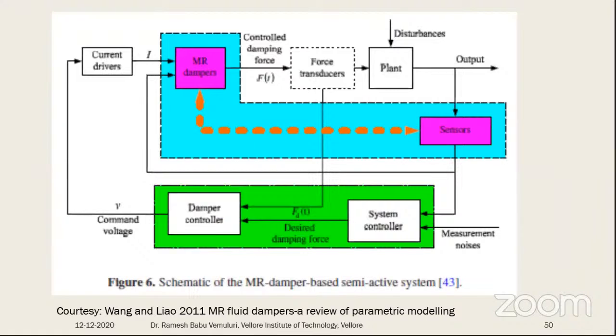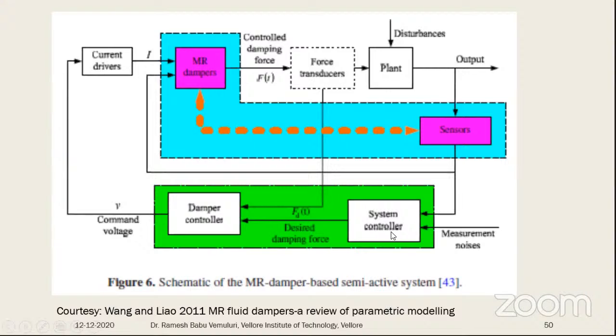Then we can use this MR damper with semi-active control, with MR fluid dampers. So here the current drives and MR dampers, the controlled damping forces, the force transducers, the plant and the disturbance are shown. This sensing can show what is needed, whether the damper is controlling exactly or within our controlled or estimated one. That will be checked by this output sensor and intimated to the controller.